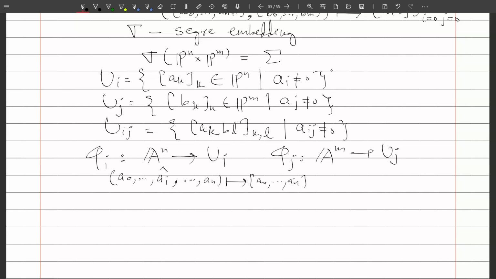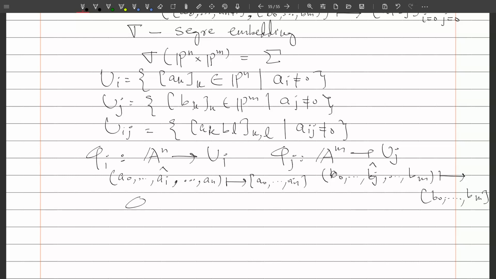Similarly, this phi j takes the point b0 up to bj, where bj is omitted, up to bm, and it maps this point to the vector b0 so on up to bm.